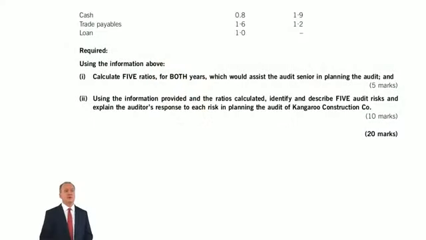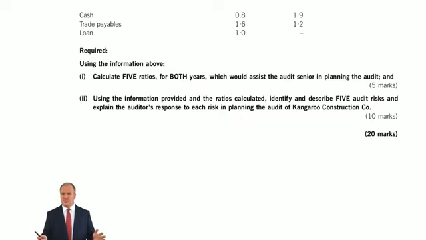We also noted that there are 2 slightly different types of question, and the first one we looked at was a written scenario, and the second one had a written scenario plus it then had some numbers, and you had to calculate some ratios. Now that question is up on our screen just here.